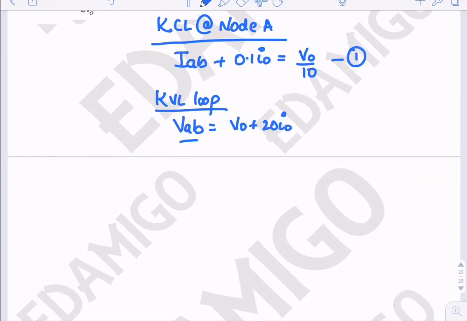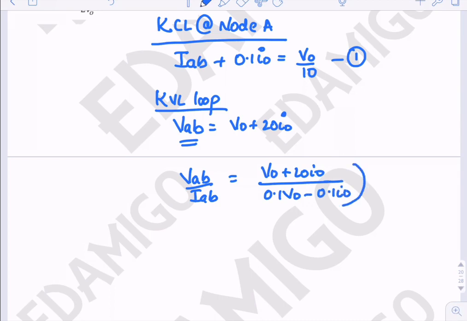We need the ratio of VAB and IAB. So VAB upon IAB is equal to V0 plus 20 I0 divided by 0.1 V0 minus 0.1 I0. To find the ratio, we only need the relationship between V0 and I0.